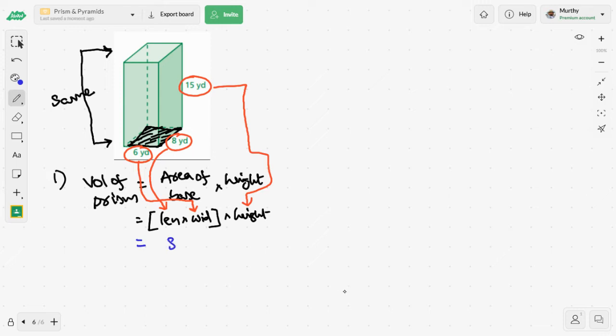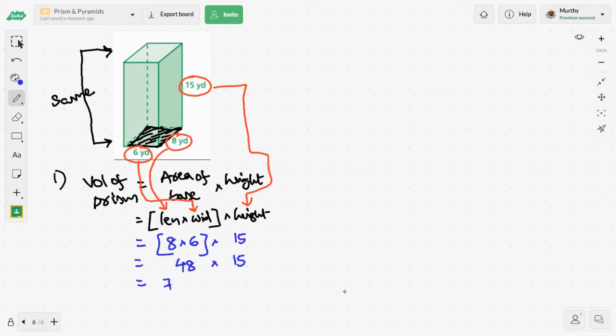It is 8 times 6 times the height, 15 yards. So 8 times 6 gives me 48, times 15. If you want, you can make use of a calculator. What is the value of 48 times 15? So 48 times 15 gives me 720.